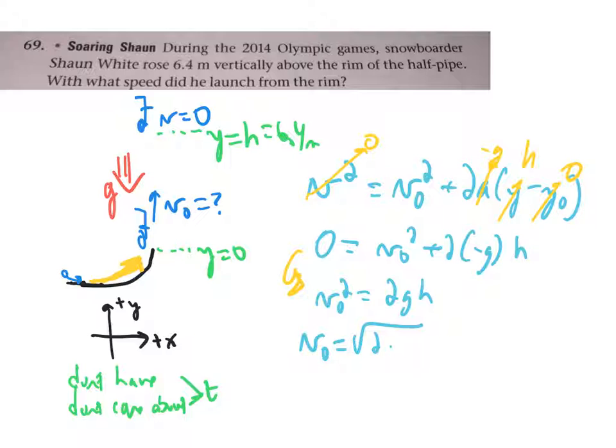which with the given numbers that we have is 2 times 9.81 meters per second squared. Notice here g is, as always, positive.